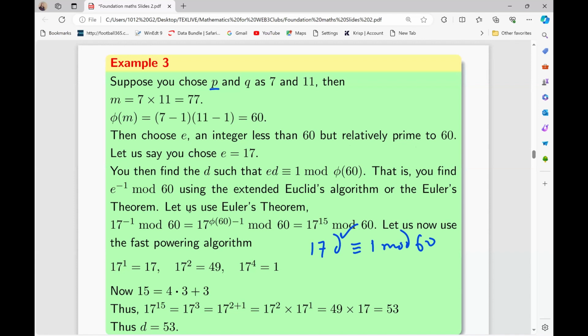This equation has only one solution because the GCD of 60 and 17 is 1. So you would then say 17 into 60, how many times? Let me just do the first part, and then you can do the rest.